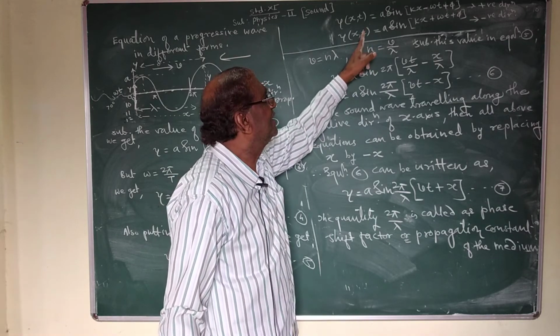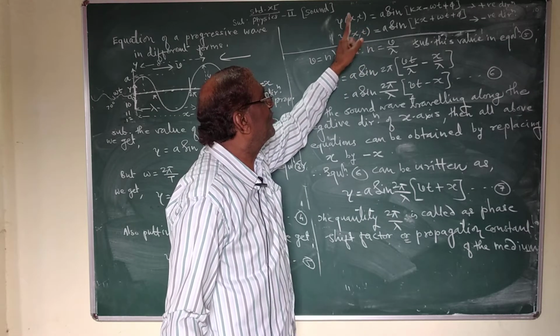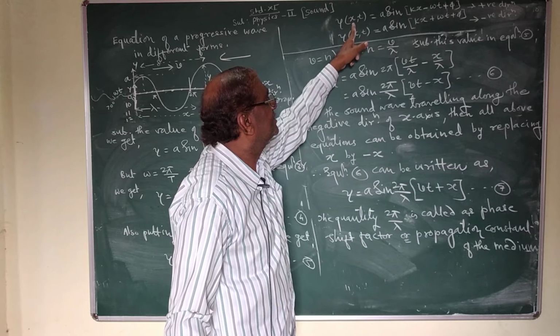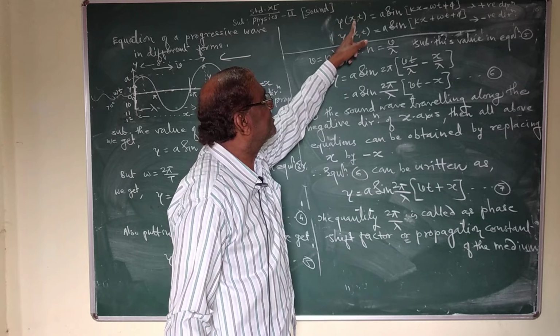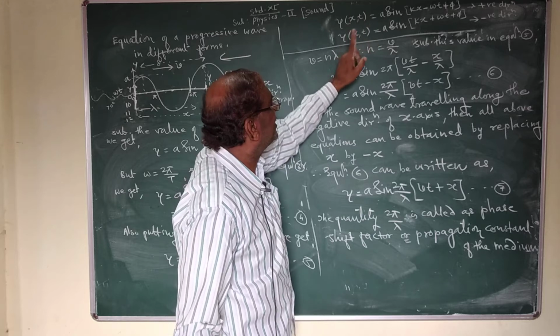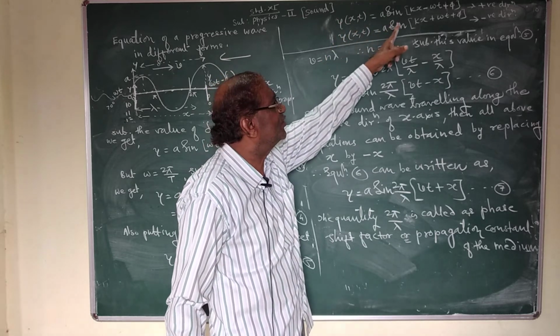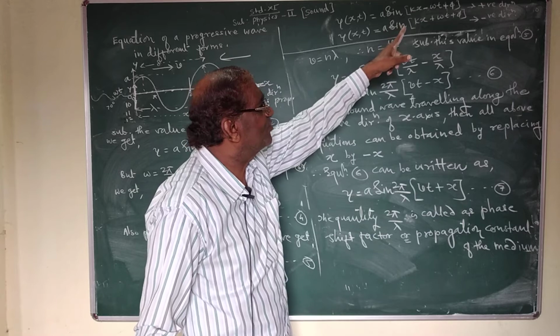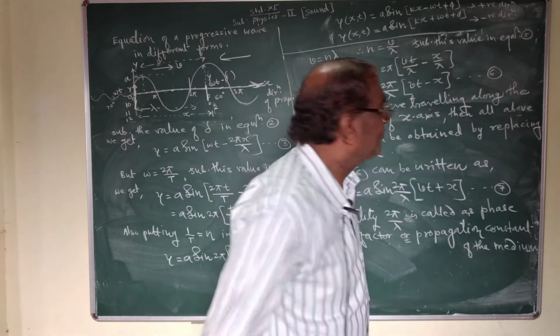So the displacement of a particle as a function of distance x and time is represented by y(x,t) is equal to a sin kx minus omega t plus phi.